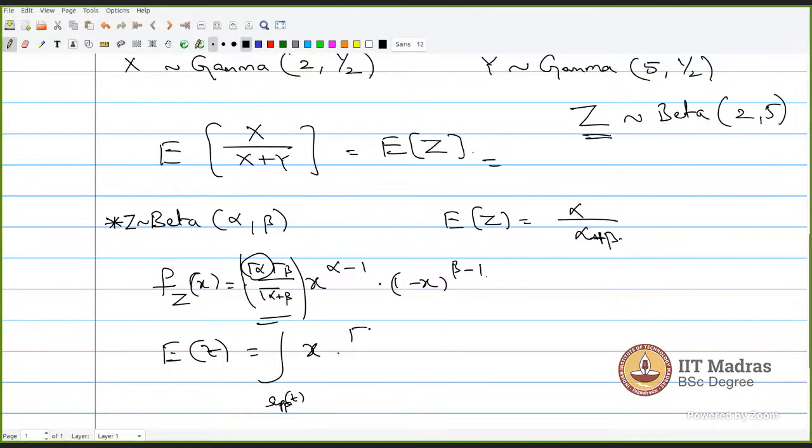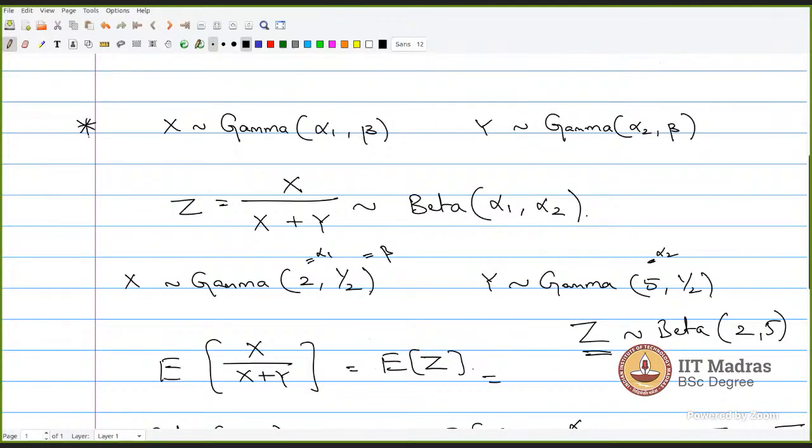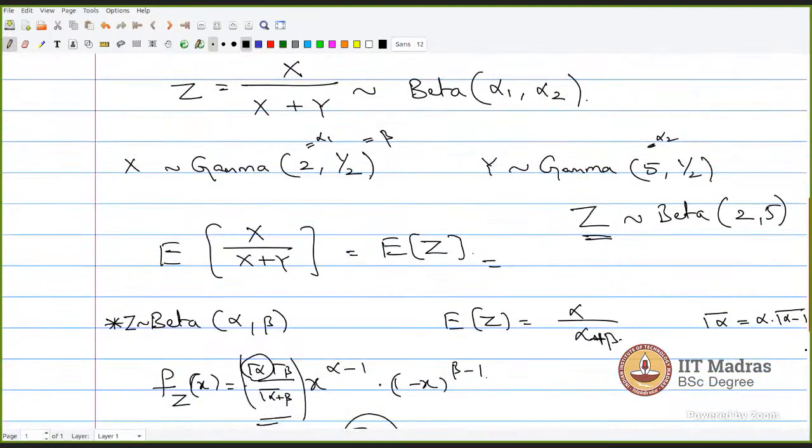So x times gamma alpha gamma beta by gamma alpha plus beta into x power alpha minus 1 into 1 minus x power beta minus 1. We consider that to be a constant C, which we have not read in the lectures. You need to know the gamma function properties: gamma alpha is alpha times gamma alpha minus 1.